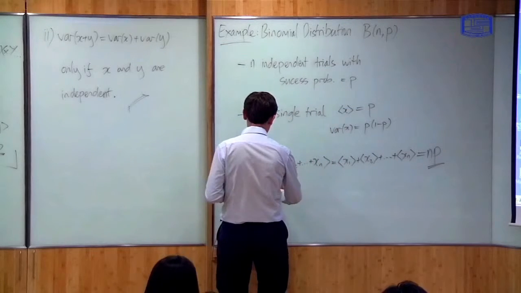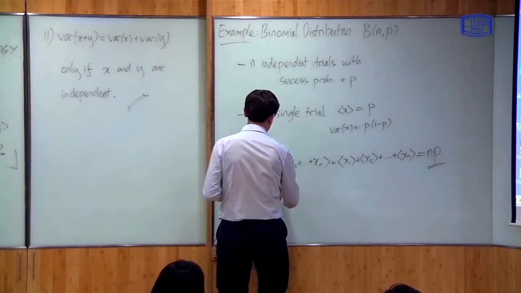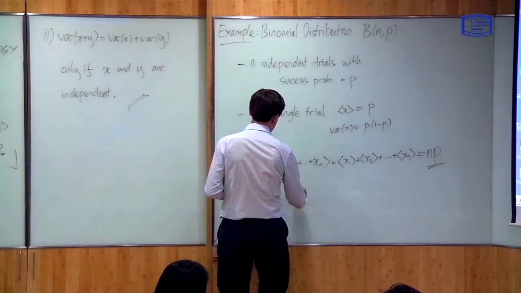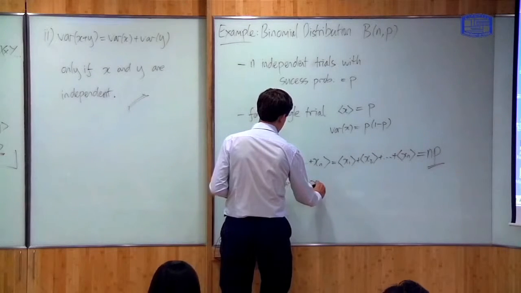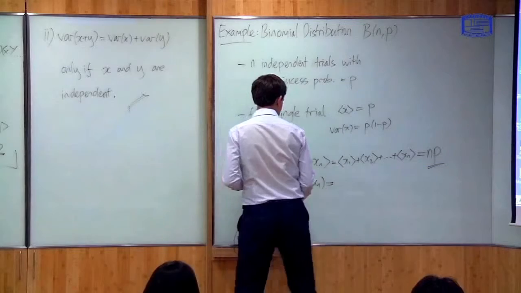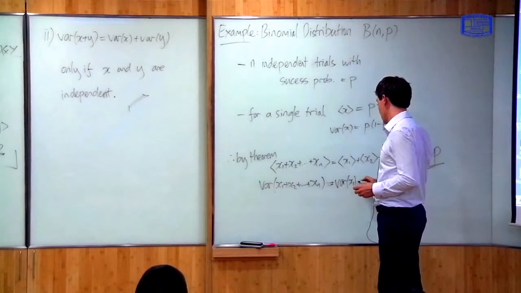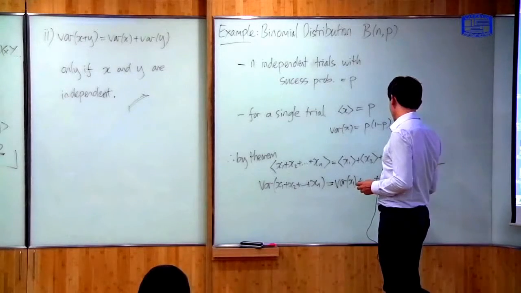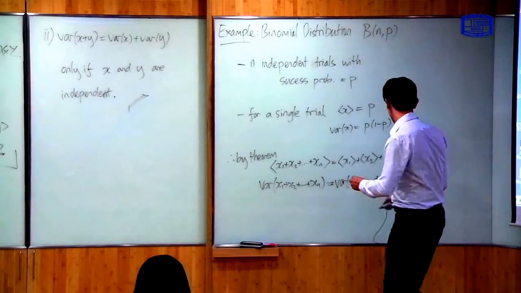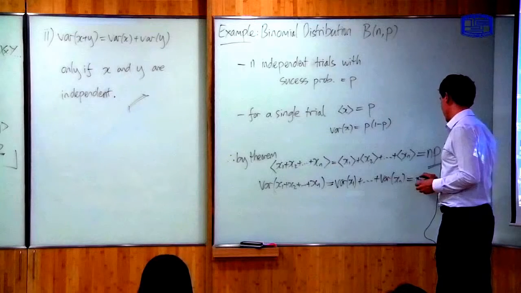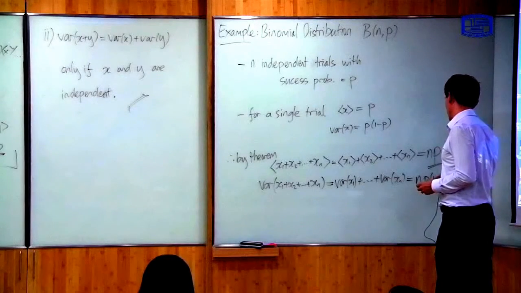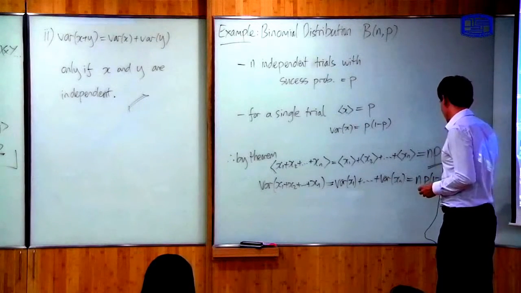It does matter that they're independent for the variance. The variance of the total number of successes is equal to the variance of the first up to the variance of the last, and therefore this is equal to n times p times (1 minus p).